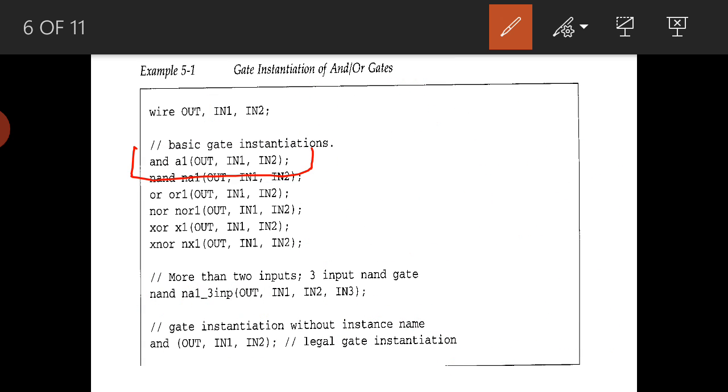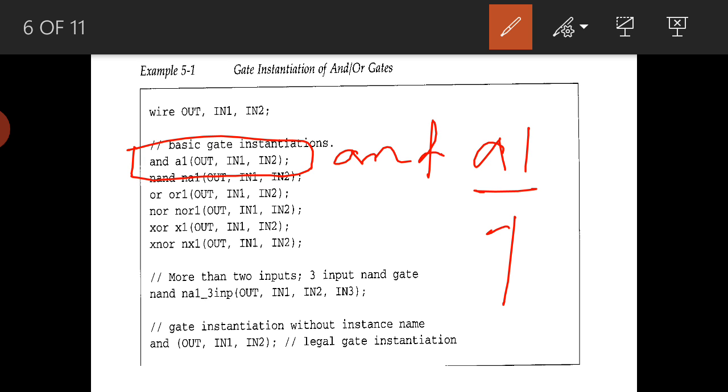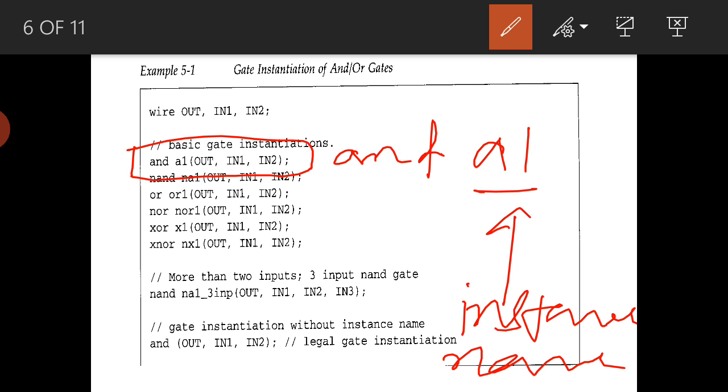For an AND gate, this is the format: we need to write the AND primitive first, then A1, which we call the instance name. You can write any name, even your own name, like A0, A1, or M1, M2.